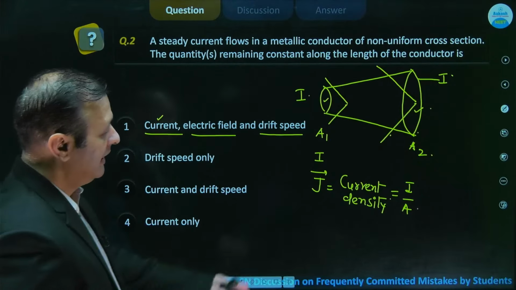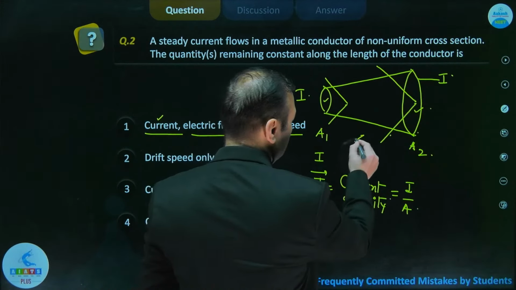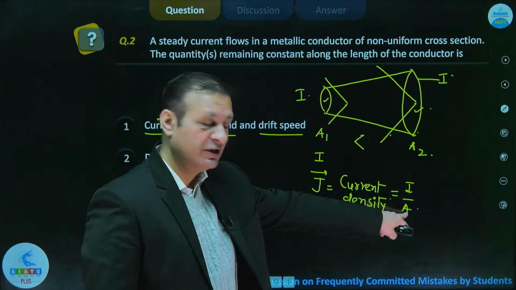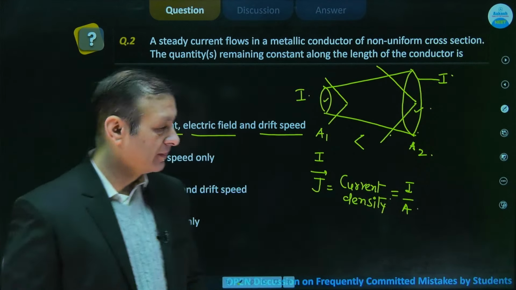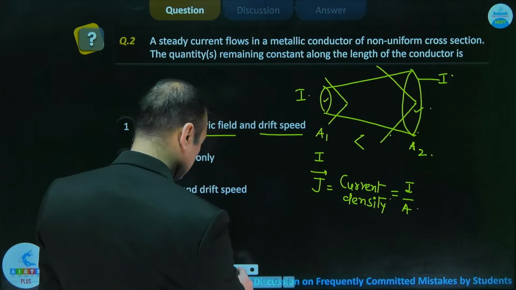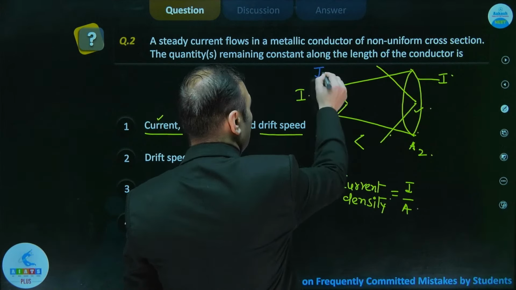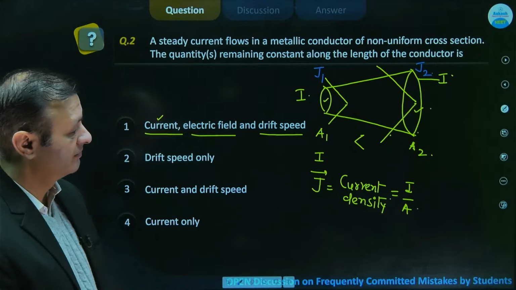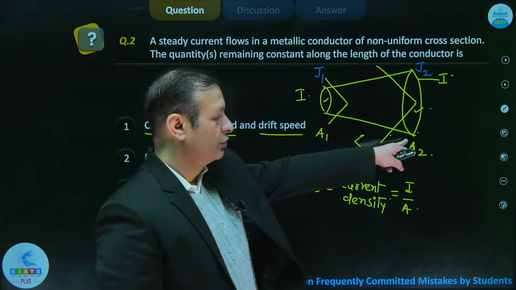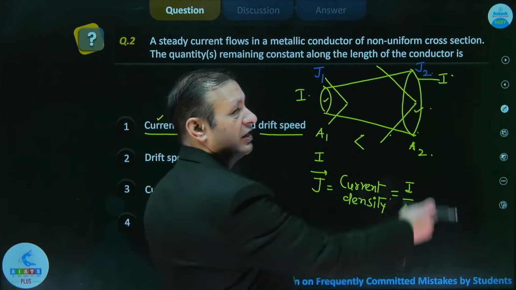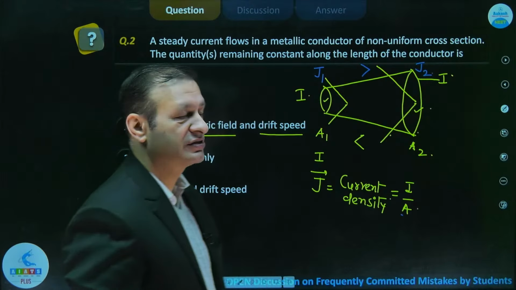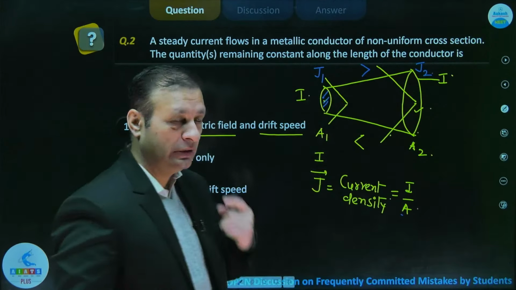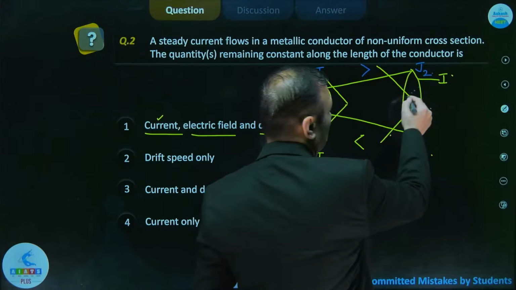Got it? As you can see, A1 is smaller than A2. Now look at this, current density is inversely proportional to area because current is the same. So if we call the current density here J1 and here J2, current density is a vector quantity. Where is the area bigger, children? At 2. If the area is bigger at 2, then the current density will be smaller.